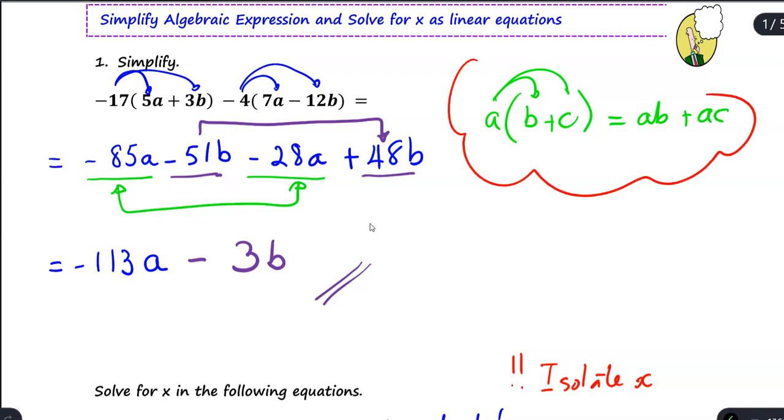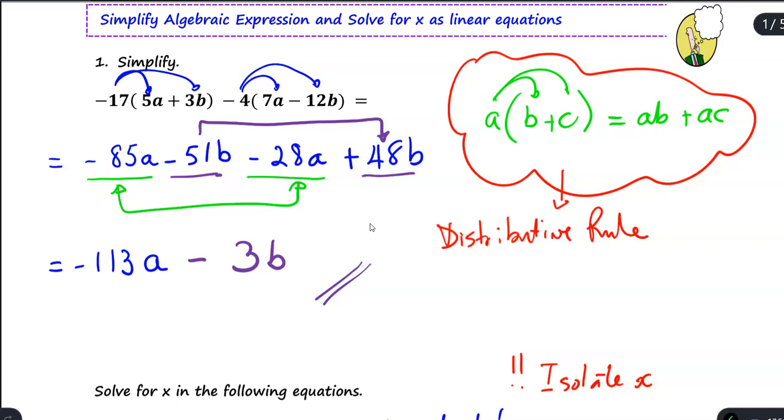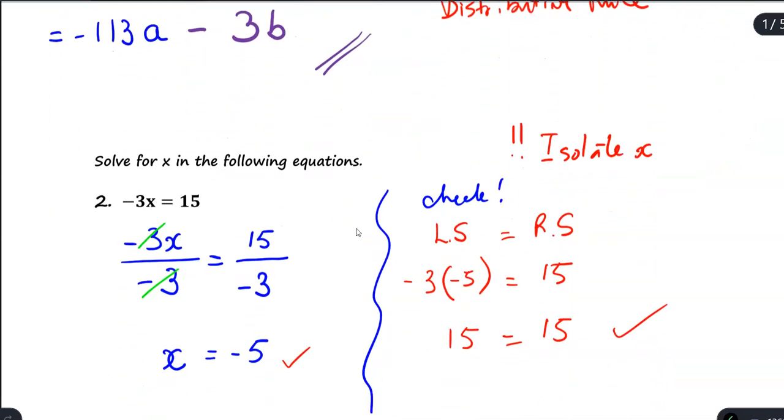The distributive rule is a very important concept in algebra. That means you take the coefficient in front and multiply each term inside the bracket, or expand it or distribute it, and you will have no more brackets left. Okay, and then you combine the like terms. I want to throw in this review before I ask everyone to solve for x.